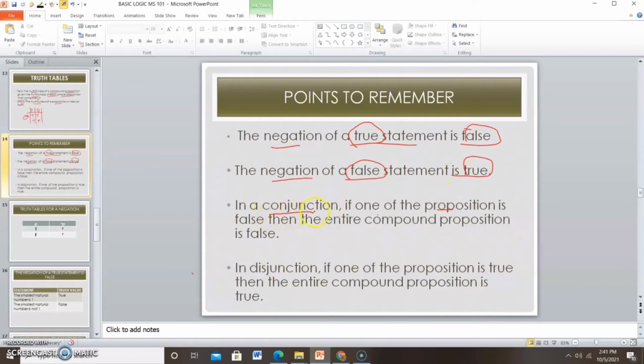In conjunction, if one of the propositions is false, then the entire compound proposition is false. In disjunction, if one of the propositions is true, then the entire compound proposition is true. So, conjunction and disjunction are opposites.